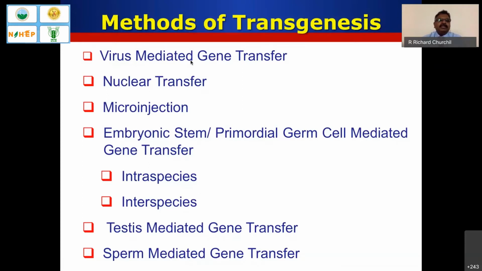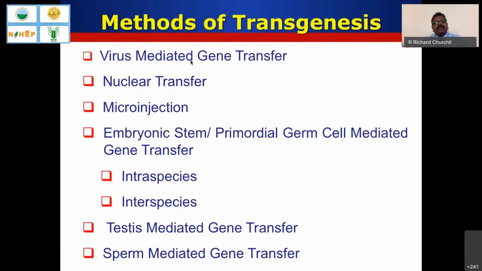The other method is cell-based methods, mainly using embryonic stem cells and primordial germ cells. These germ cells have to be collected from a donor embryo during a very early stage of its development, like 3 days of its development. Then these cells can be cultured in labs, and the cultured cells can be modified with the foreign gene.